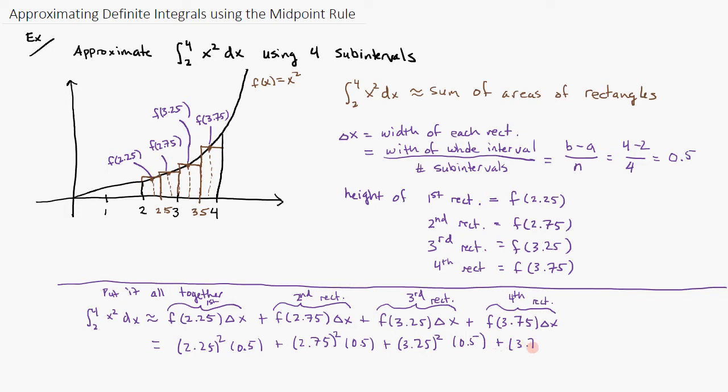Then we have 3.75 squared times 0.5. And then we can factor the 0.5 out. So this is 2.25 squared plus 2.75 squared plus 3.25 squared plus 3.75 squared, and we factor out the 0.5.